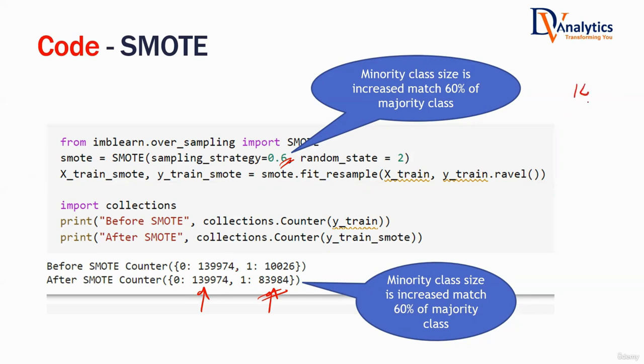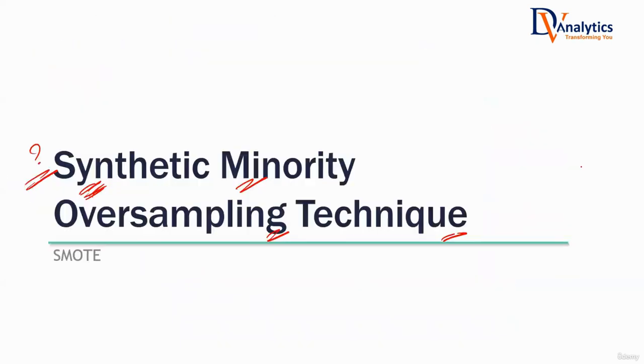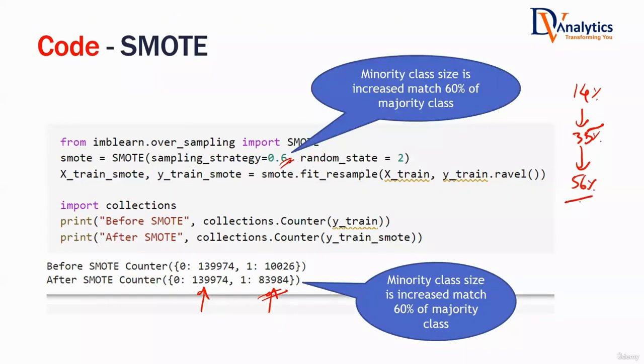Previously from 14 to 35 to how much was the latest specificity in the previous example? 56%. So if we are somewhat lucky, then we may get a better one. Or SMOTE also, I have seen it works as equally effective as oversampling, undersampling. So go ahead, apply SMOTE also and see. SMOTE is like a kind of parallel technique. Like it's also oversampling only. 56% from over and undersampling.